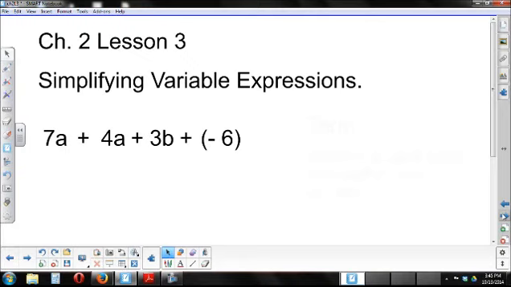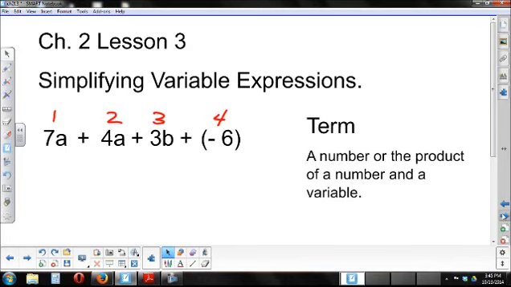Now, looking at this expression, there are 1, 2, 3, 4 parts to it. We're going to call these parts terms. A term is a number or the product of a number and a variable. All right.